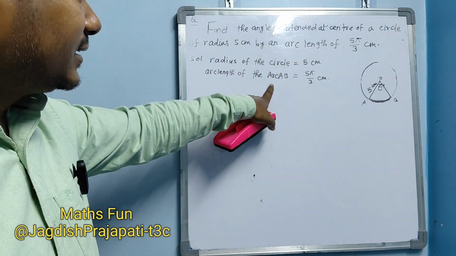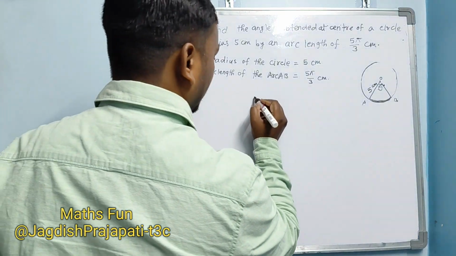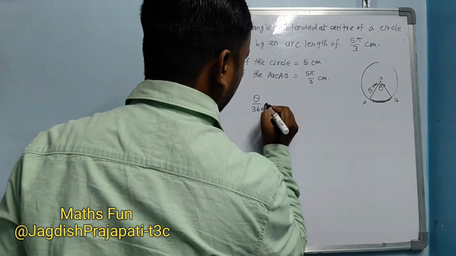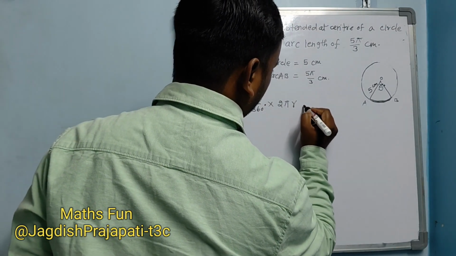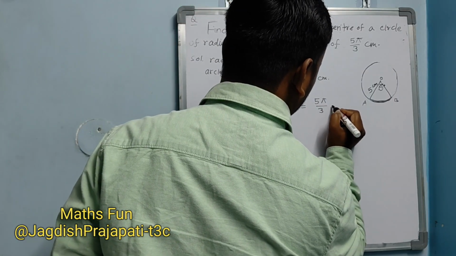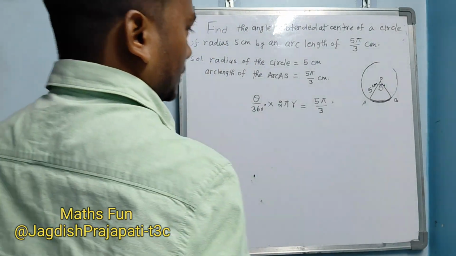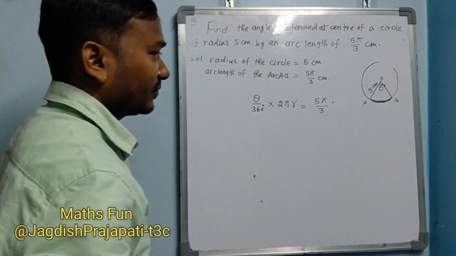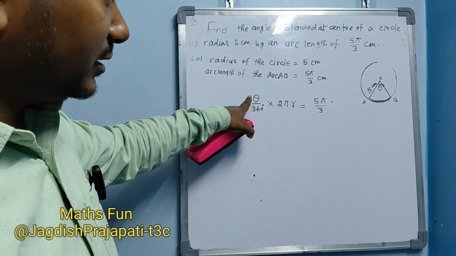But this arc length AB is what? This is theta by 360 into 2 pi r, and this is given here as 5 pi by 3. We have to find out this theta.